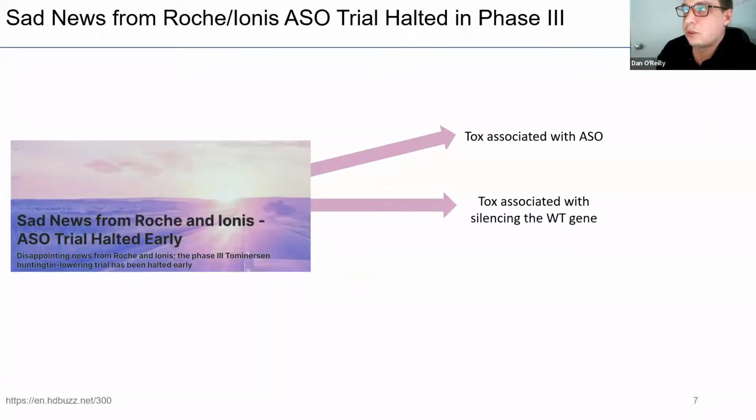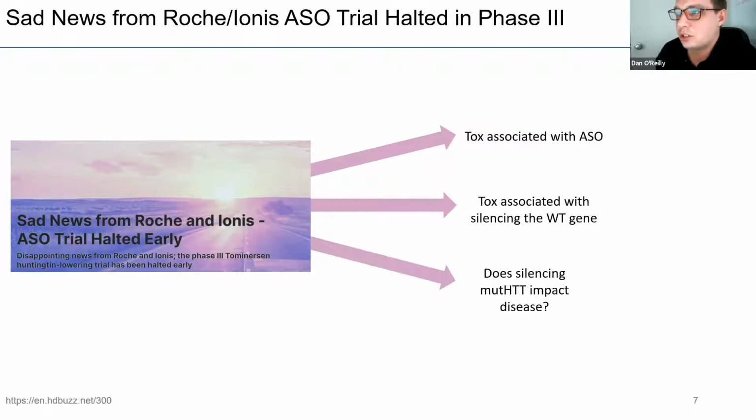The drug itself also silenced the wild type gene. Now, again, preclinical data suggested that in mice, at least, silencing wild type Huntington up to 75% was fine, had no adverse effects, but perhaps that's not the case in humans.